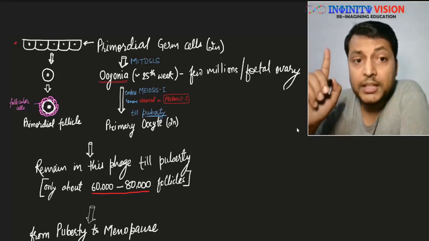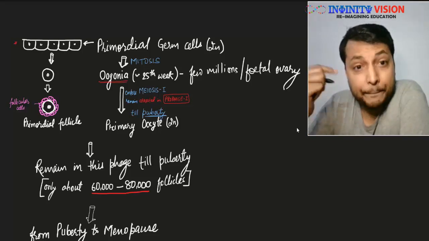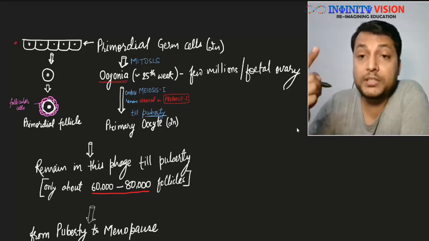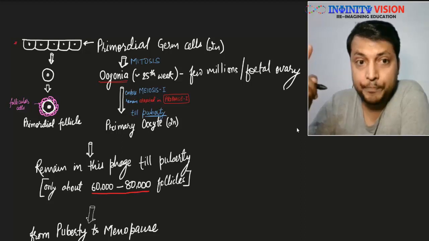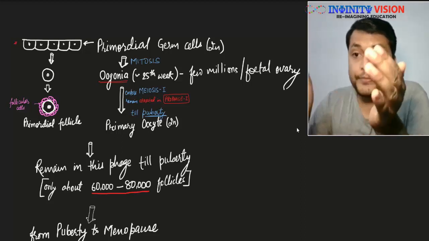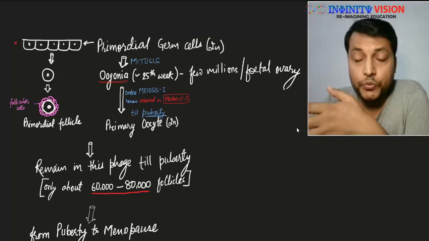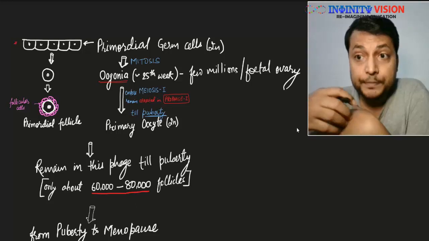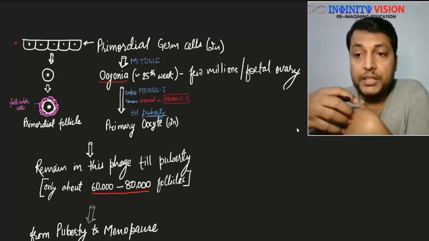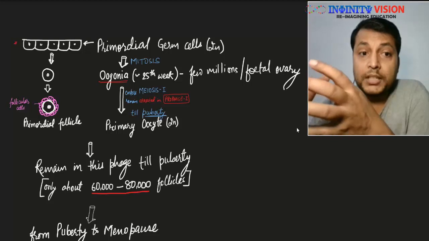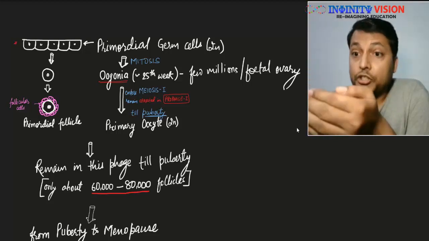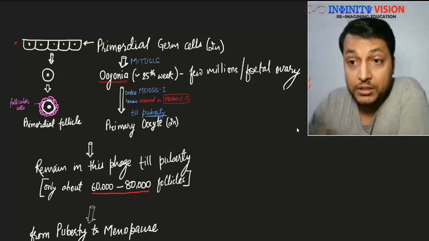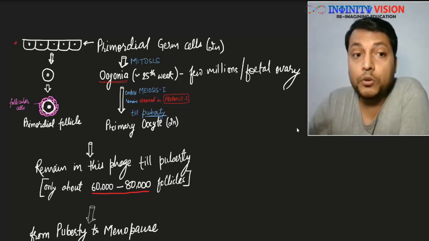Now, this happens at approximately the 25th week of pregnancy, when the female fetus in her mother's womb is about 25 weeks of age. At that point this mitosis will occur in the primordial germ cells, leading to the formation of these new cells called oogonia.